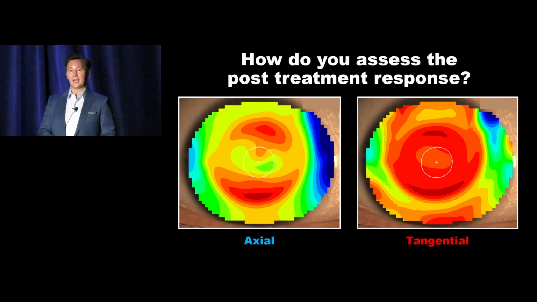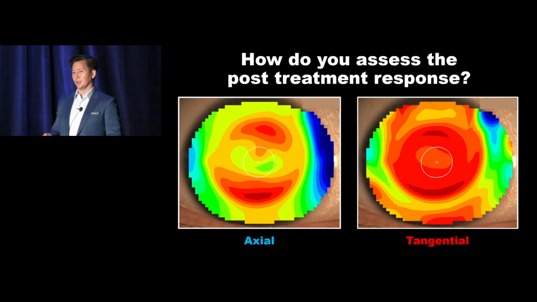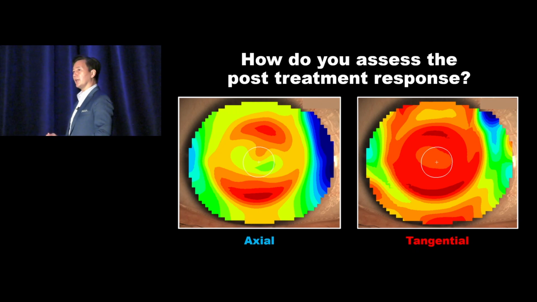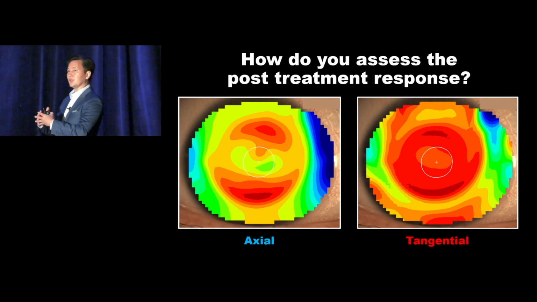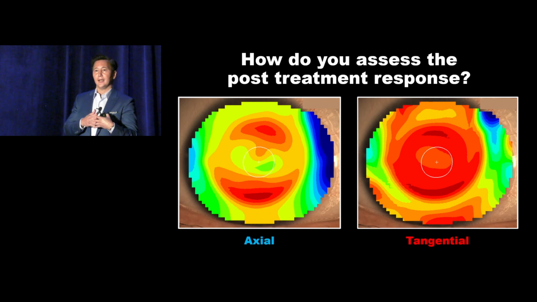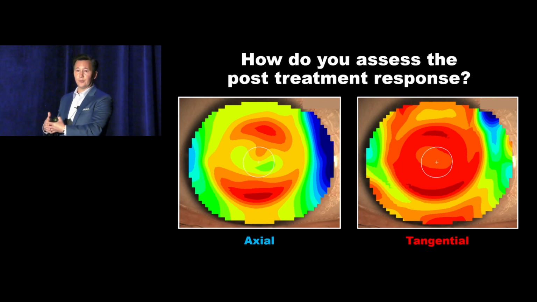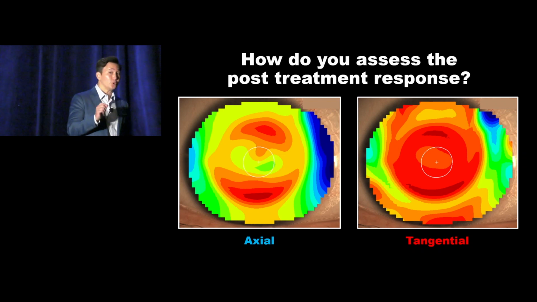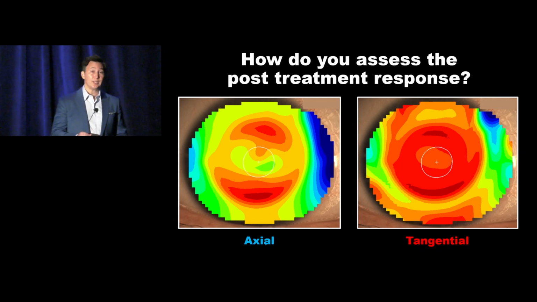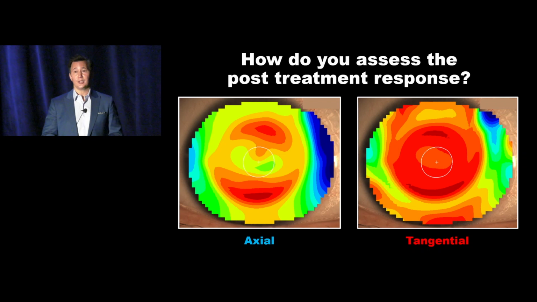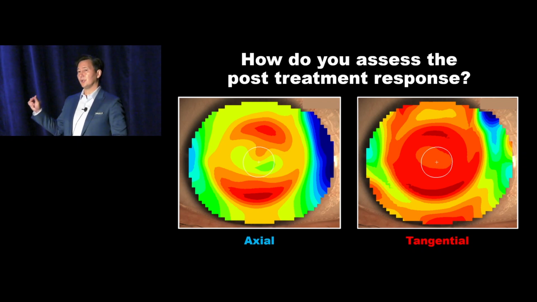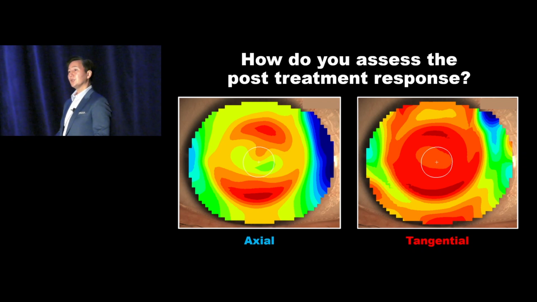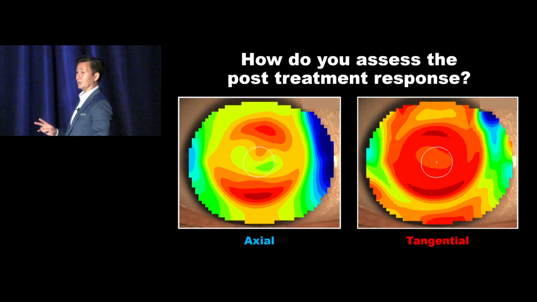An axial map is to understand vision. So if you want to understand how the anterior surface has changed in shape and how that will influence the patient's vision, it's an axial map. If you want to understand shape, where you've altered the eye, then you use a tangential. So axial for power, tangential for shape. Those are the 2 critical analyses that you'll use.